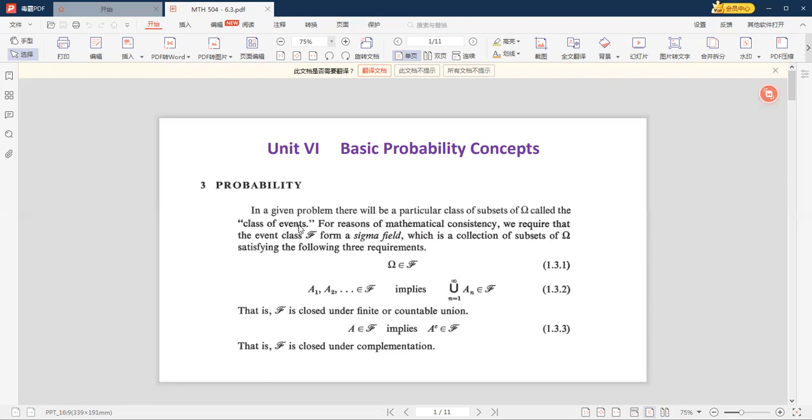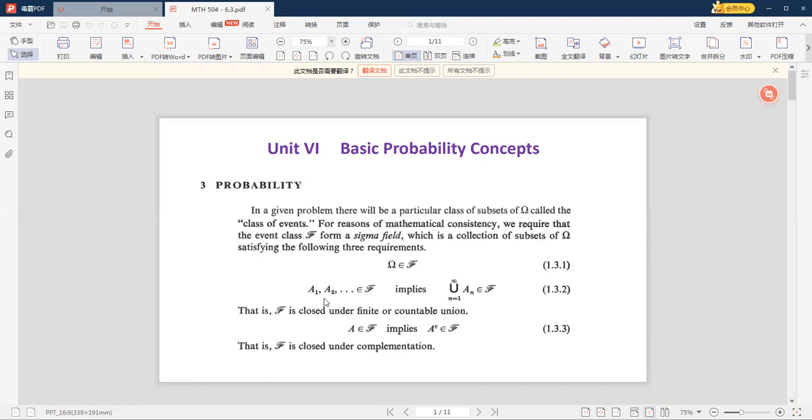In this class, the events are just sets, which is a collection of subsets of omega, right? And this sigma field should follow 3 requirements. First, the sample space is one of these sets. You're talking about a collection of subsets of omega, and of course omega is a subset of itself. So that's in the sigma field.